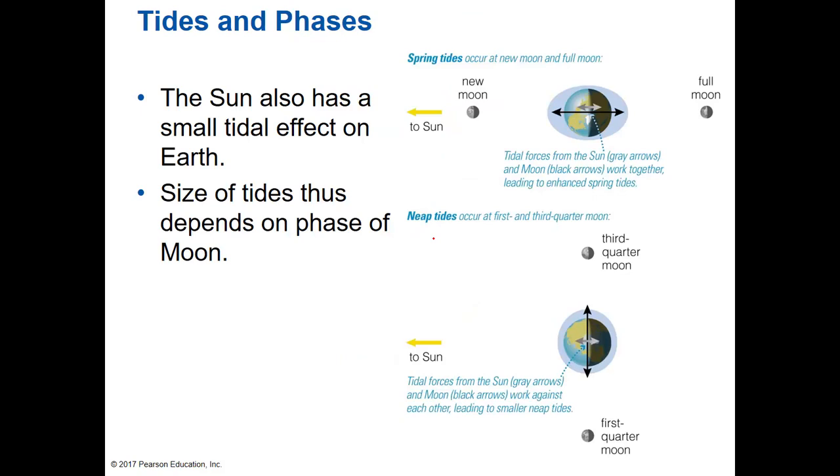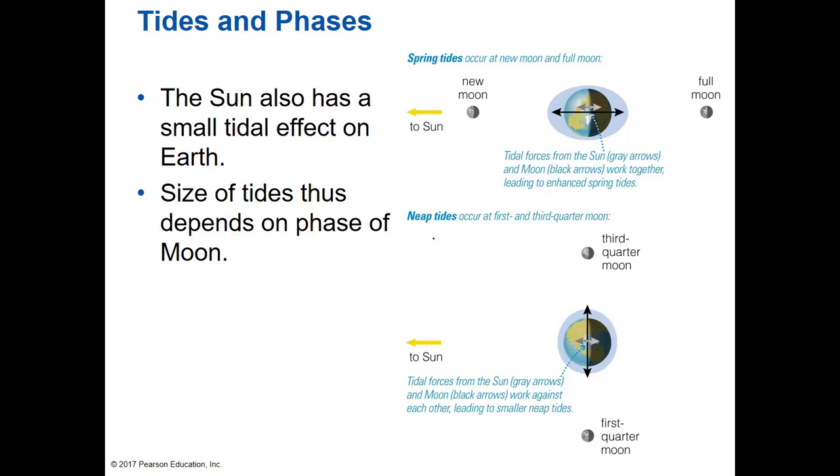Okay. Now, the tidal force affects both land and the ocean, but we generally notice only the ocean tides because the water flows more easily than the land. Earth's rotation carries any location through each of the two bulges each day, creating two high tides.